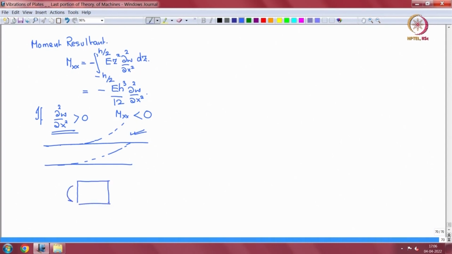I have Mxx and I have Mxx plus del Mxx by del x dx. Accordingly I will put negative shear force on the negative side and positive shear force on the positive side, x plus dx.